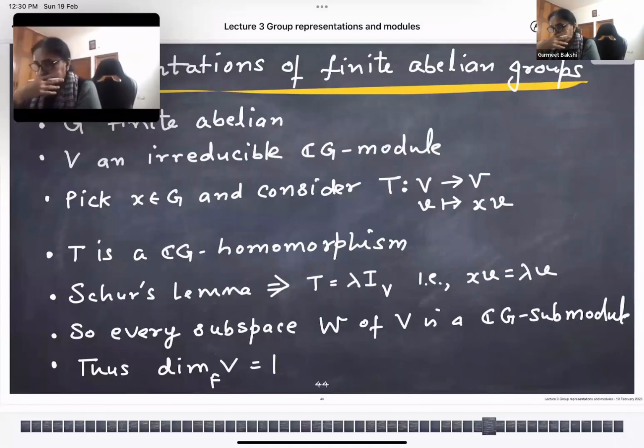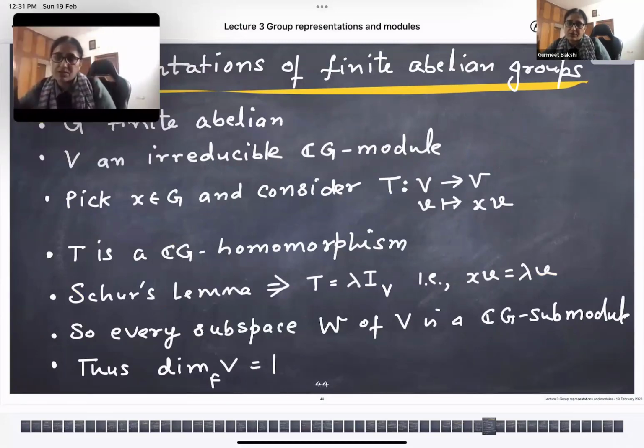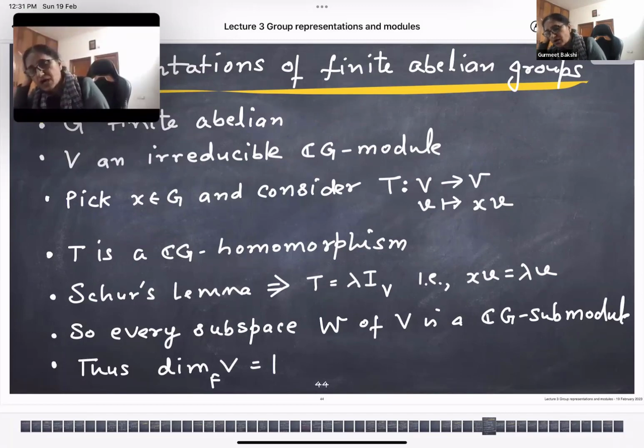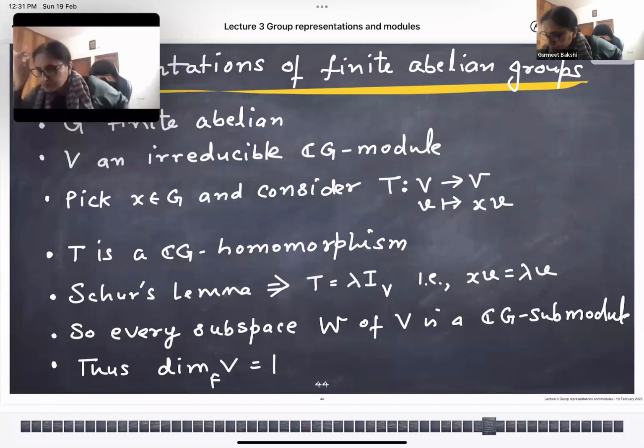All right. Now, this Schur's lemma also tells you that irreducible representations of abelian groups are all of degree 1. Why?